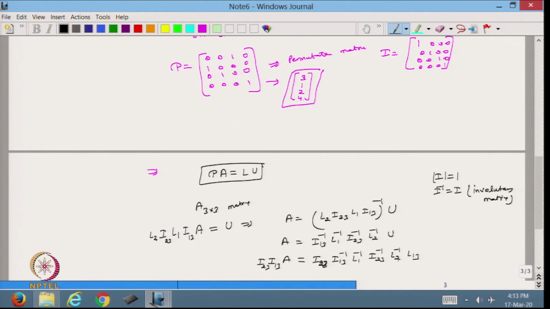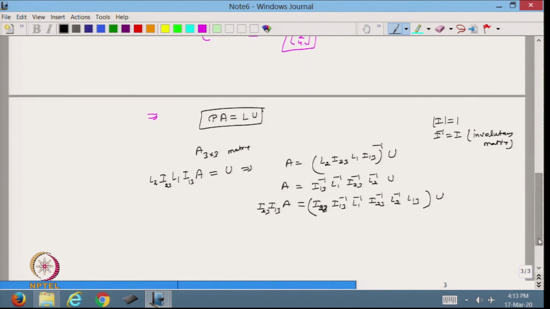So, I am getting U. Now, from here this is my I. So, that will become my PA, and if you open this one and just do the calculation, then it will give you PA is equal to LU.